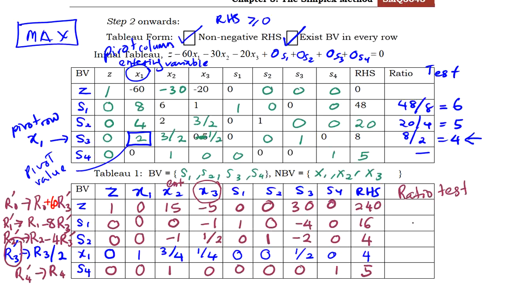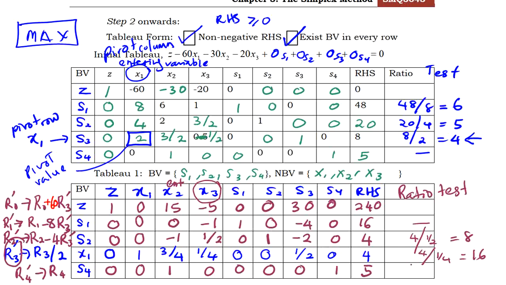We don't take negative coefficients in the pivot column, so just put a dash, and then 4 over half, you get 8, right? 8, and then 4 over 1 over 4, you get 16, and then 5 over 0.